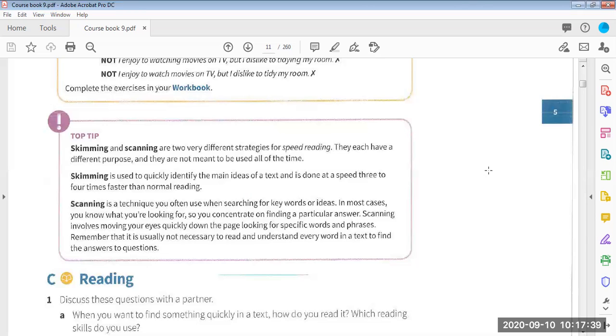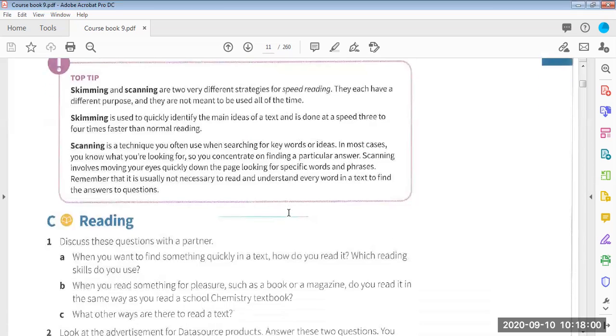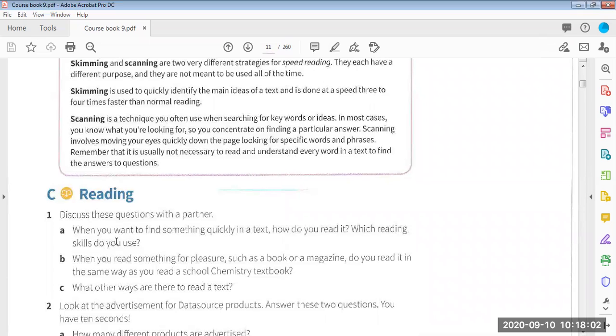Scanning involves moving your eyes quickly down the page, looking for specific words and phrases. Remember that it is usually not necessary to read and understand every word in the text to find the answers to questions. Mostly, when we have to find the answer for any given question, we use the scanning technique.